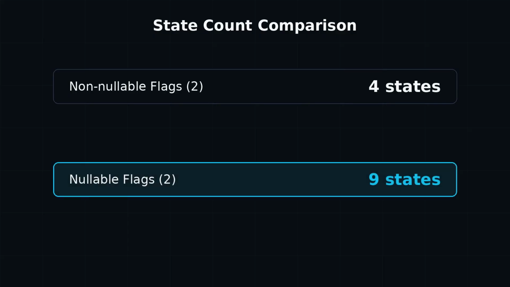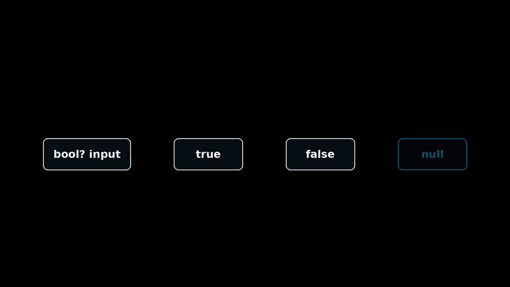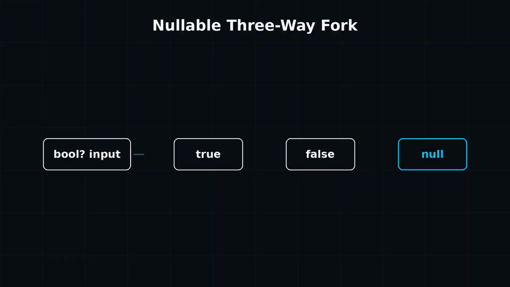A nullable Boolean, bool? in C#, takes this further by allowing 3 values: true, false, or null. That null communicates no value or undecided, turning a simple toggle into a 3-way fork. With 2 nullable Booleans, you now have 3 squared equals 9 distinct states, each a potential path through your logic.